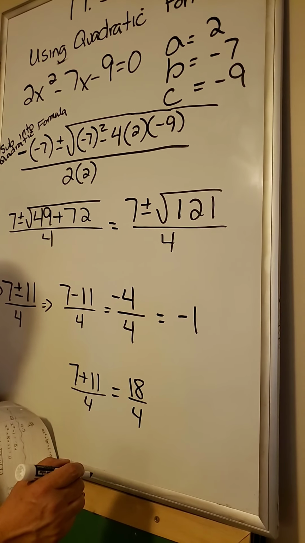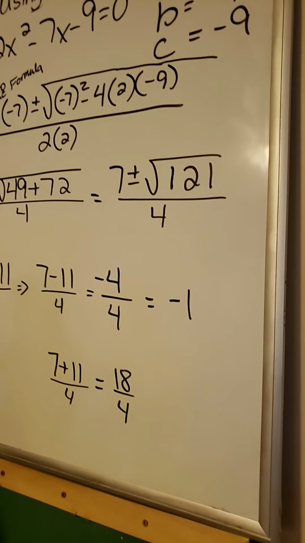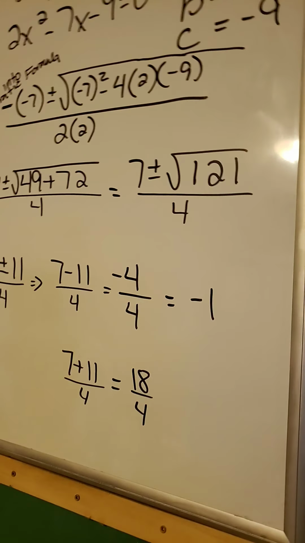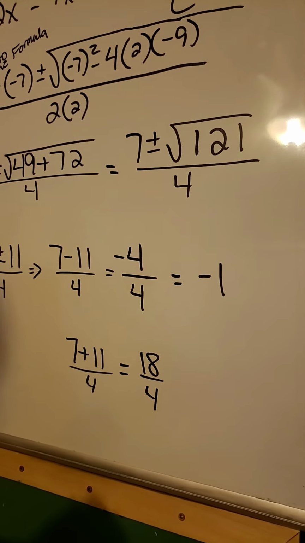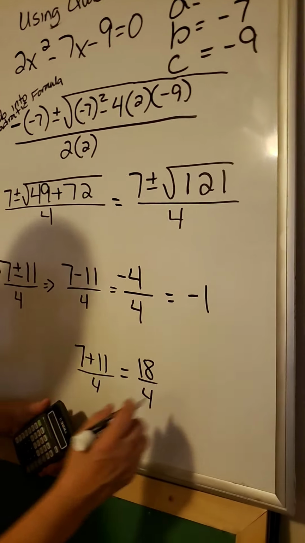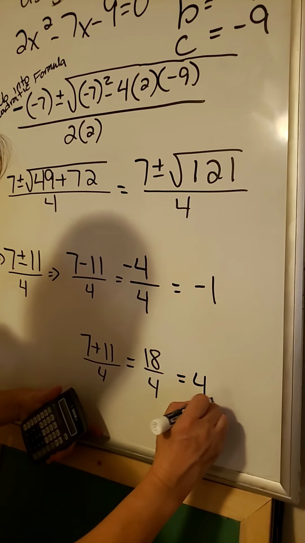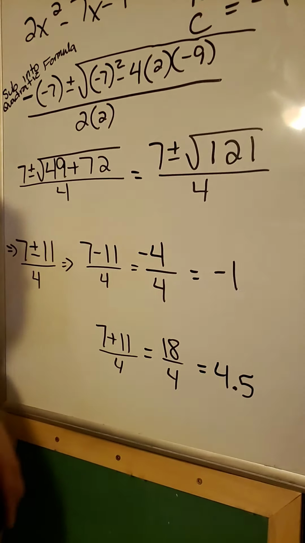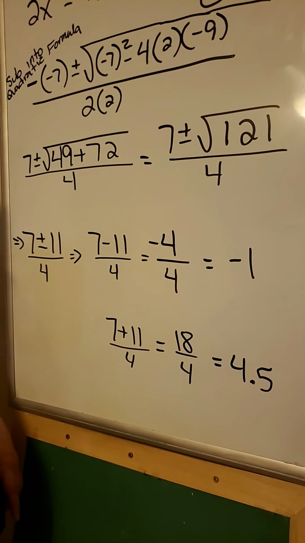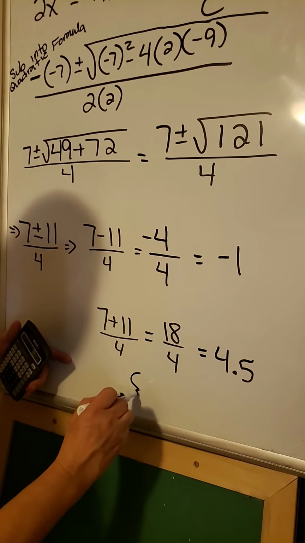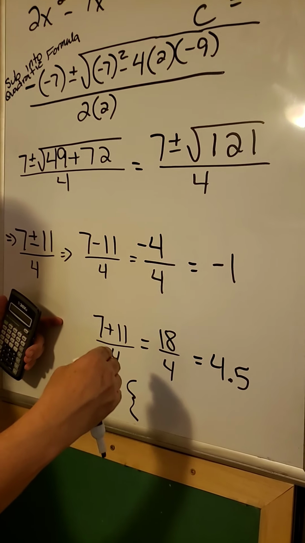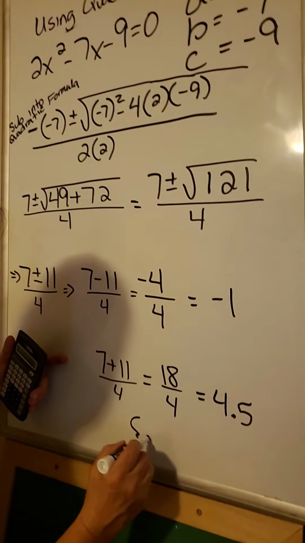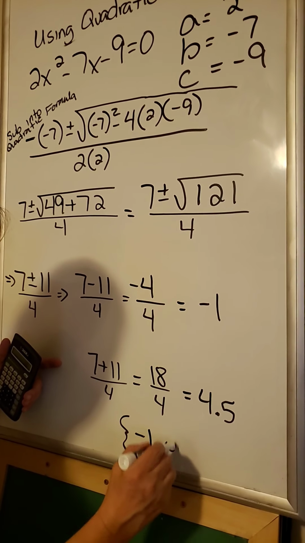It's going to simplify into, see, I don't have my calculator. 4.5. 18 divided by 4. Yeah, 4.5. So our solution set, and you have to pull them apart because it's going to give you two different numbers, unlike the previous problem. Our solution set is negative 1, comma, 4.5.